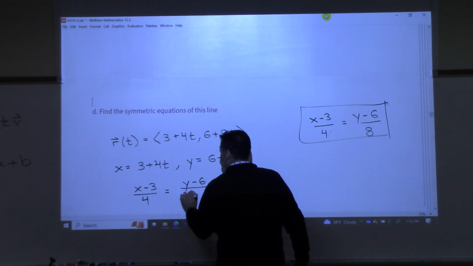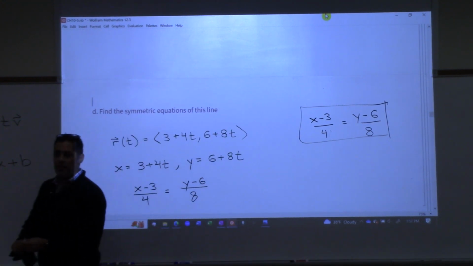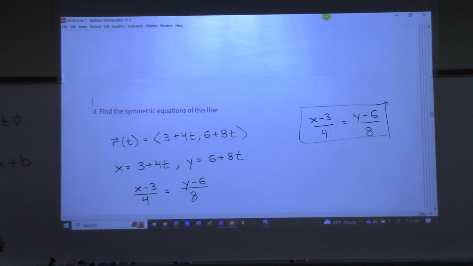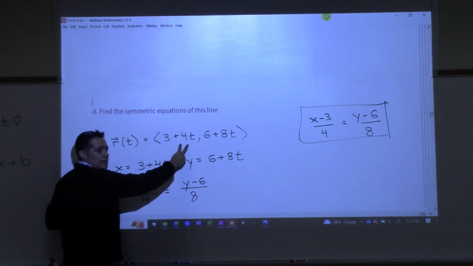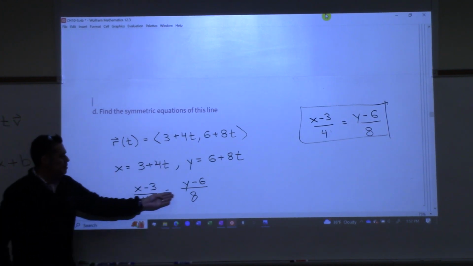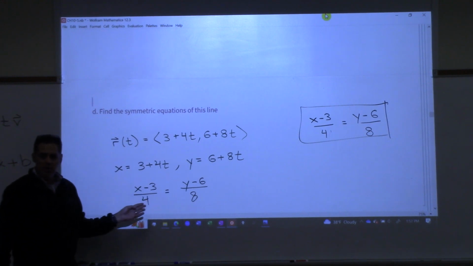They all have their pros and cons. Let me explain pros and cons here. This would be very easy to generate points, right? I could just plug in different values of t, and I'd get points all over this line, wouldn't I? Would it be as easy to do here? No, because you don't have t, right?